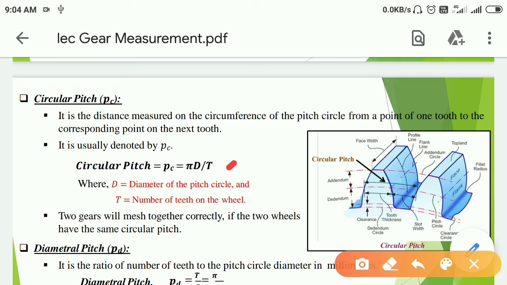Pc is equal to pi d by t, where d is the diameter of the pitch circle and t is the number of teeth on the wheel. Here it is shown in diagram where it is circular pitch. Two gears will mesh together correctly if the two wheels have the same circular pitch.